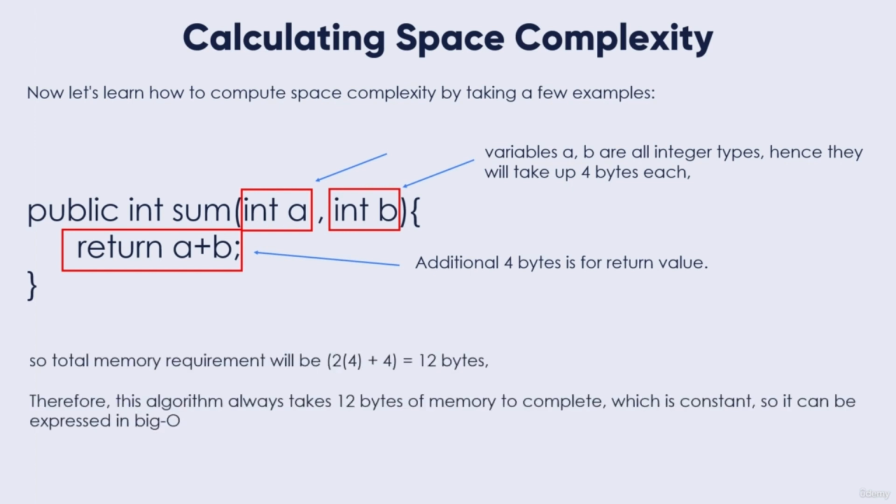So the total memory requirement will be 2 times 4 for the integer parameters, plus 4 for the returning value. Hence, this algorithm always takes 12 bytes of memory to complete, which is constant. So it can be expressed in big O as O of 1. So this algorithm, in terms of space complexity, is O of 1 because it is constant.